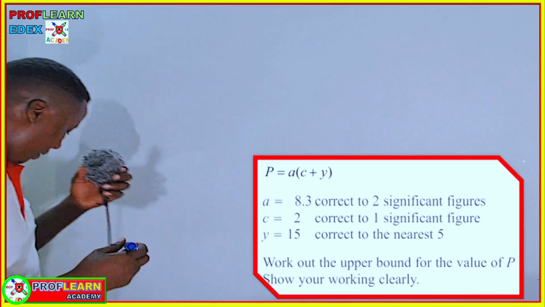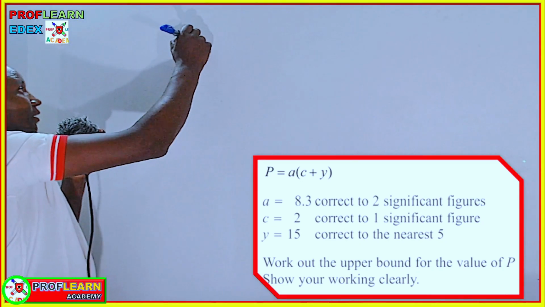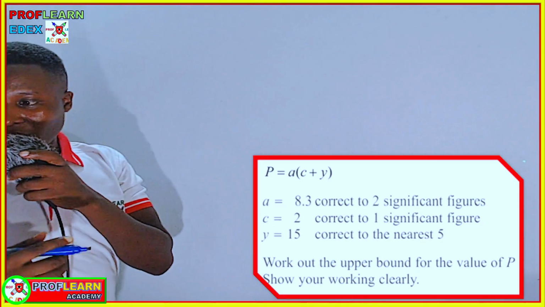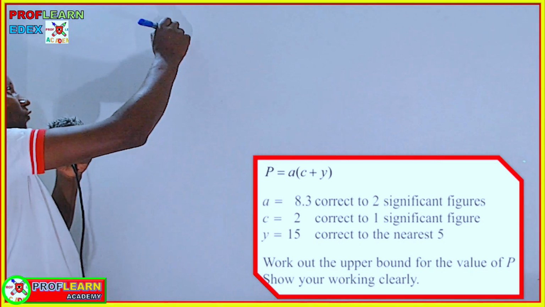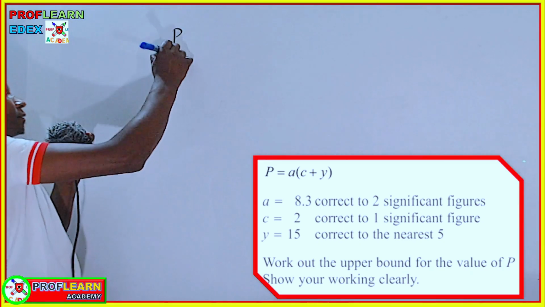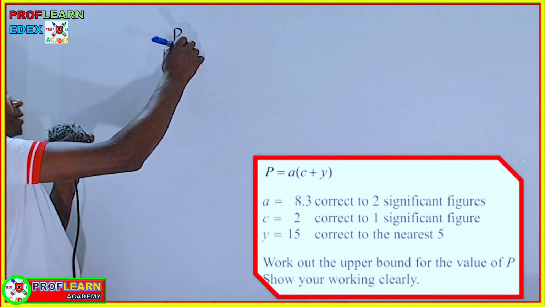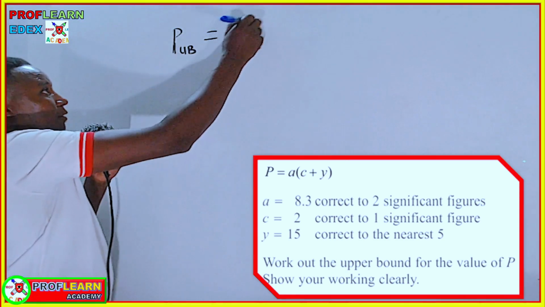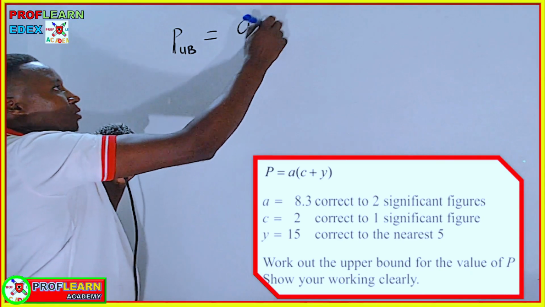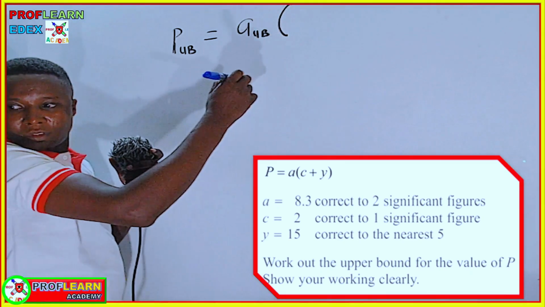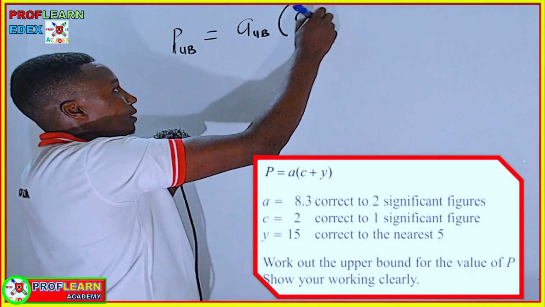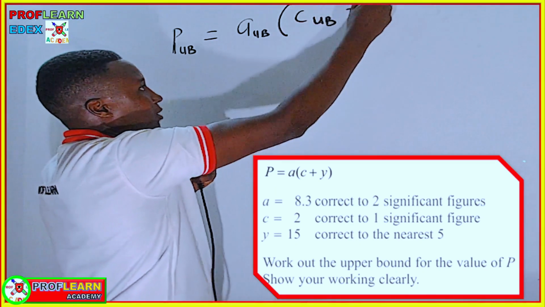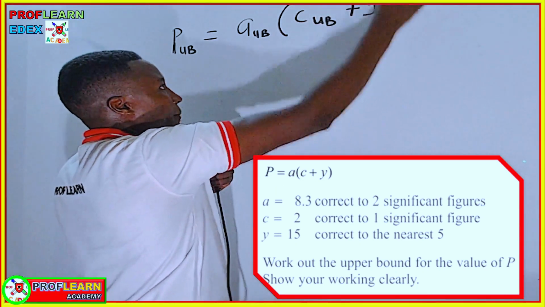Here we are told that we are supposed to find the upper bound of P. Now for you to find P upper bound, we are going to use A upper bound into C upper bound plus y upper bound.